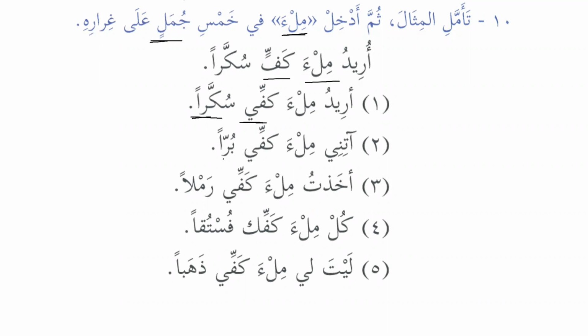Give me a handful of wheat. And then we have akhadtu mil'a kaffi ramlan. I took a handful of sand. Kul mil'a kaffika fustuqan. Eat a handful of pistachio. Kaffiki is also possible. And then we have laysa li mil'a kaffi dhahaban. I wish I had a handful of gold.